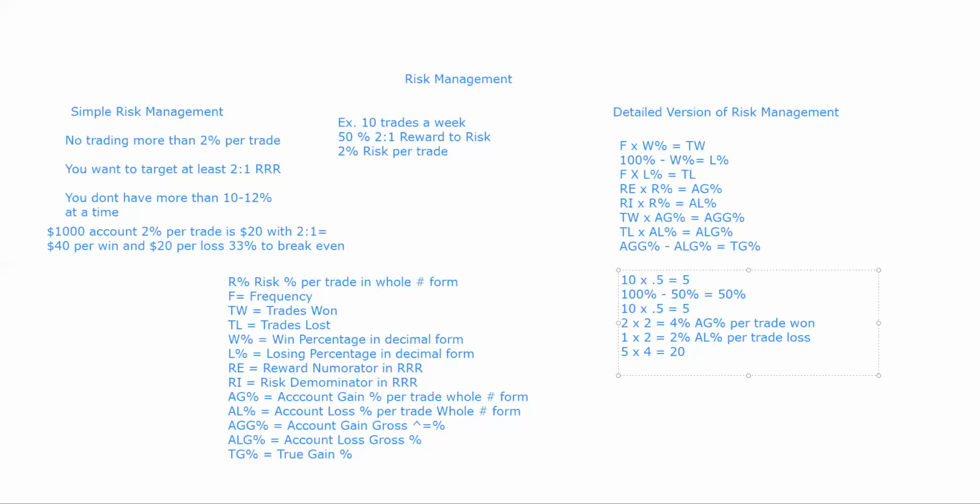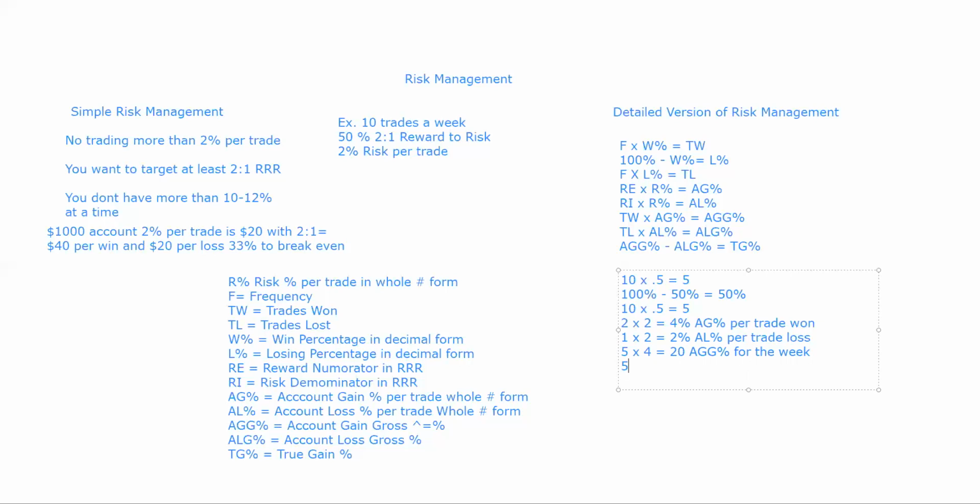So that's going to equal 20% total account gain gross for the week, or whatever time frame you're using, week, month, day, trading session, but we're using week in this example.